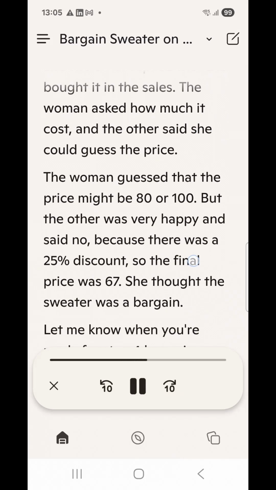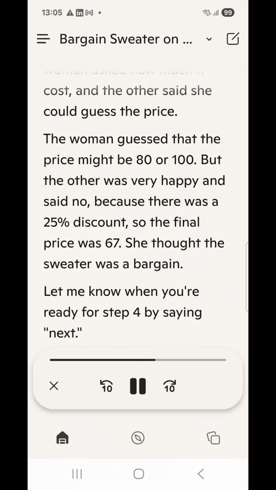The woman guessed that the price might be 80 or 100, but the other was very happy and said no, because there was a 25% discount, so the final price was 67. She thought the sweater was a bargain. Let me know when you're ready for step 4 by saying next.